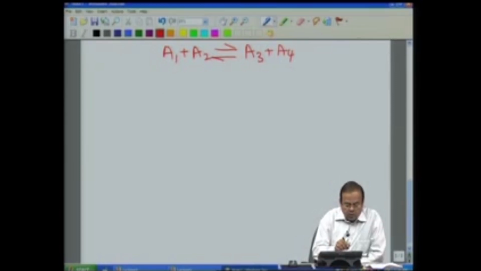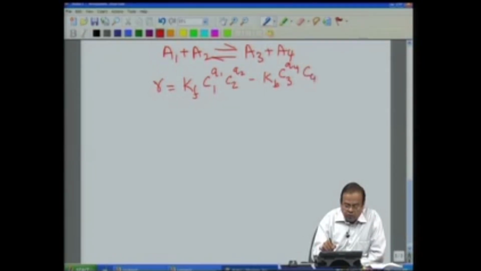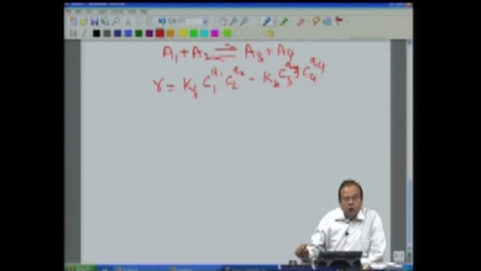We wrote this reaction rate as R equal to Kf, and I am in general going to write C1 raised to Q1, C2 raised to Q2, minus K backward C3 raised to Q3 and C4 raised to Q4.